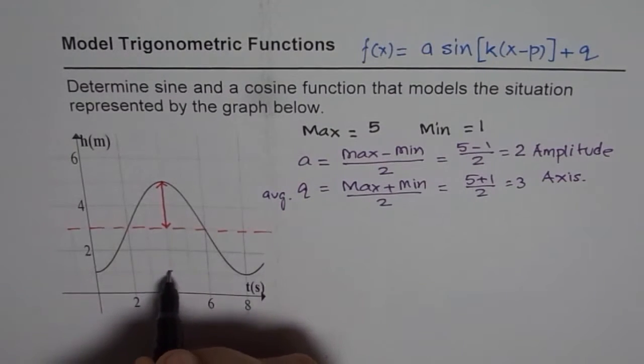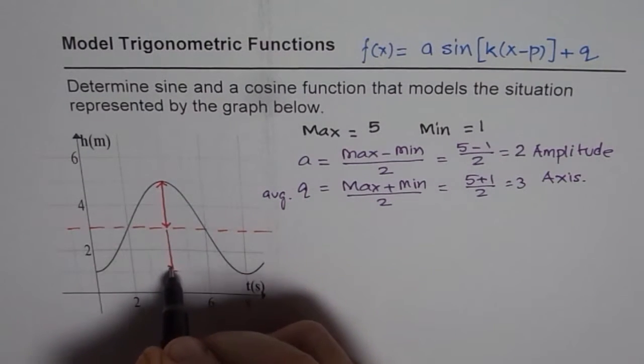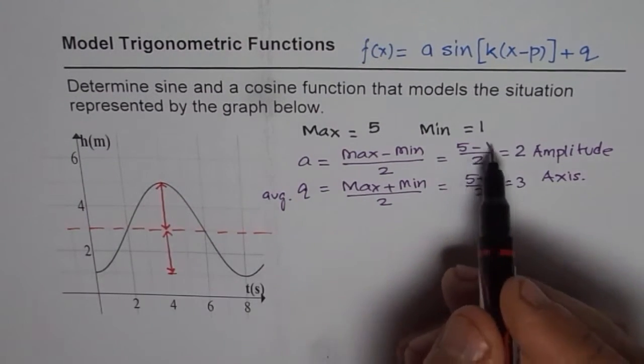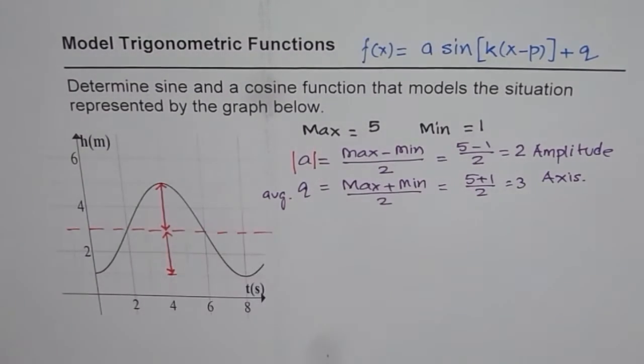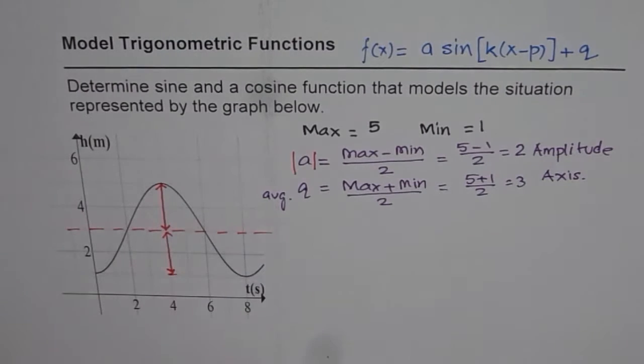Remember, amplitude is always an absolute value. So if you do it the other way and get a negative value, you have to write the absolute value. That is very important. The axis could be positive or negative, but amplitude is always positive. These small things help you understand the functions better.